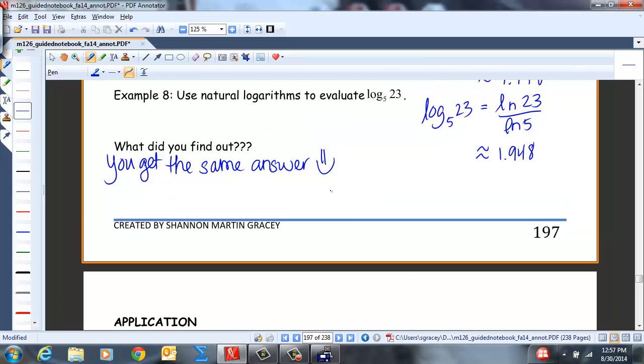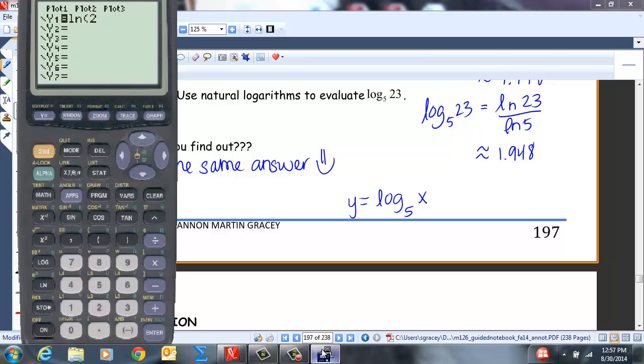Let's graph log base 5 at x instead. And then we could plug 23 in to check an answer.